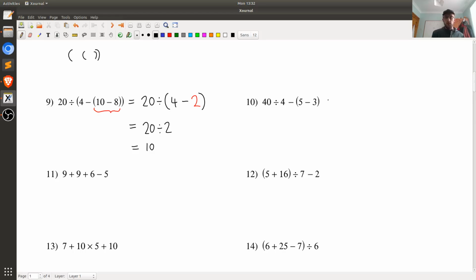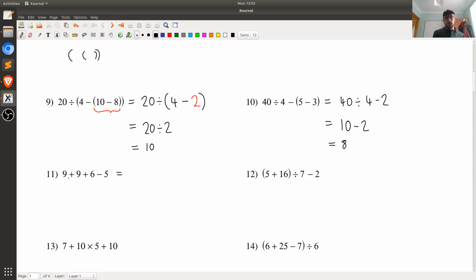Now over here in problem 10, handling the brackets first, 5 takes 3, that's 2, so we rewrite the whole thing as 40 divided by 4, take 2, and now we do division, as division is prioritized over subtraction. So 40 divided by 4, the answer is 10. So 10 take 2, which is 8.